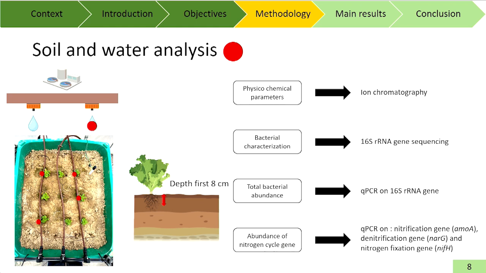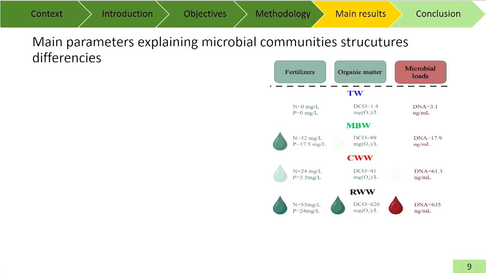And then we targeted 3 different functional genes: amoA for nitrification, narG for denitrification, and nifH for nitrogen fixation. I will not go into detail on this table, but it shows that we have different levels of concentration for our different parameters: fertilizers, organic matter, and microbial loads.